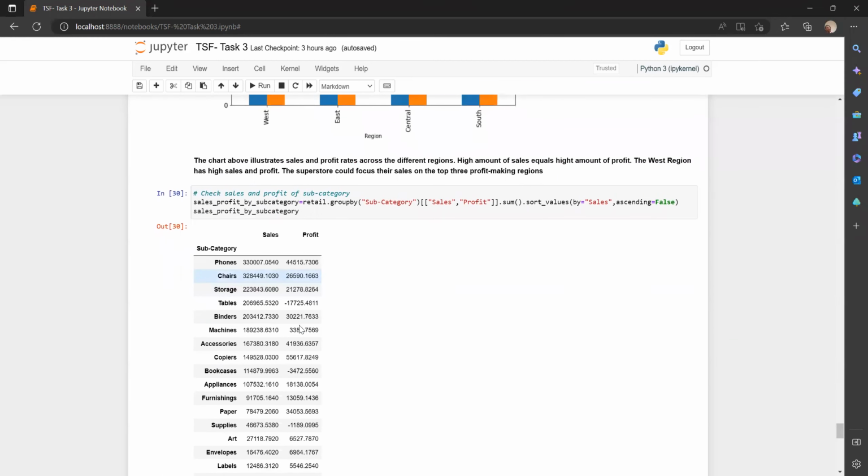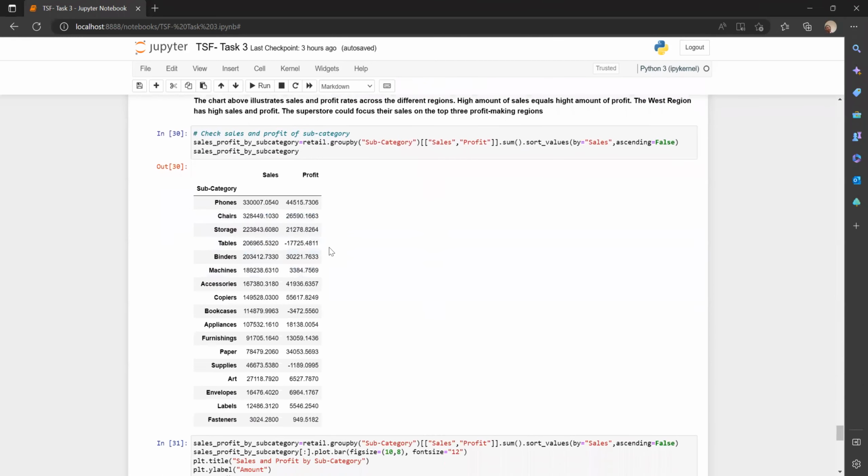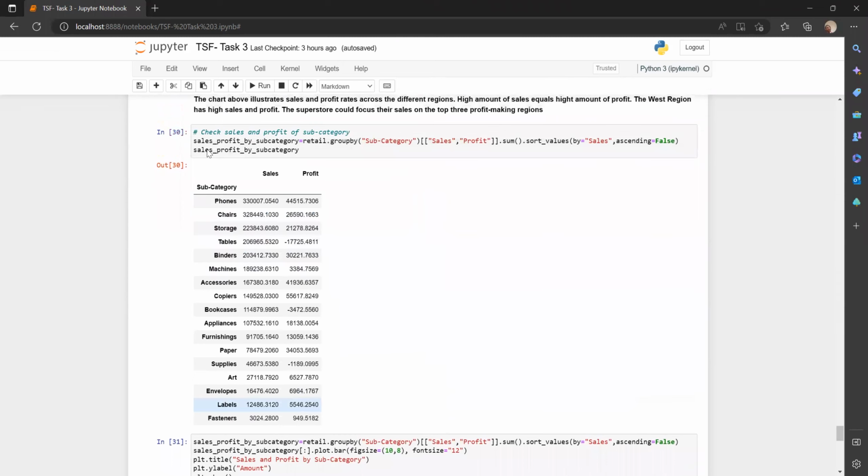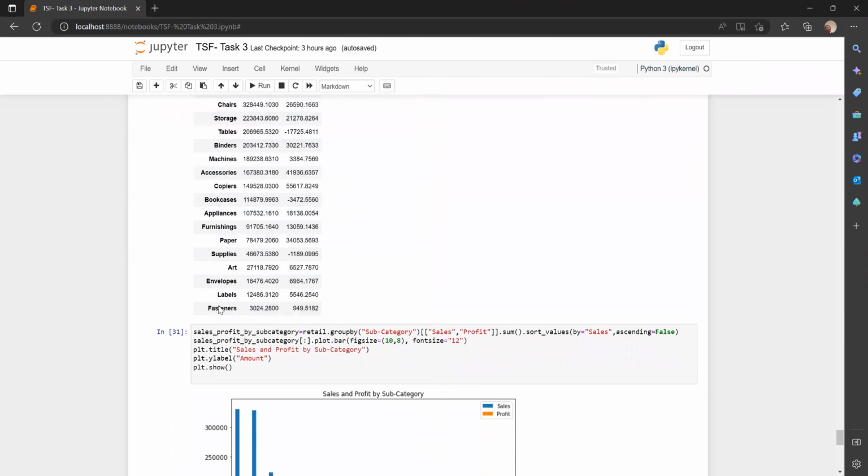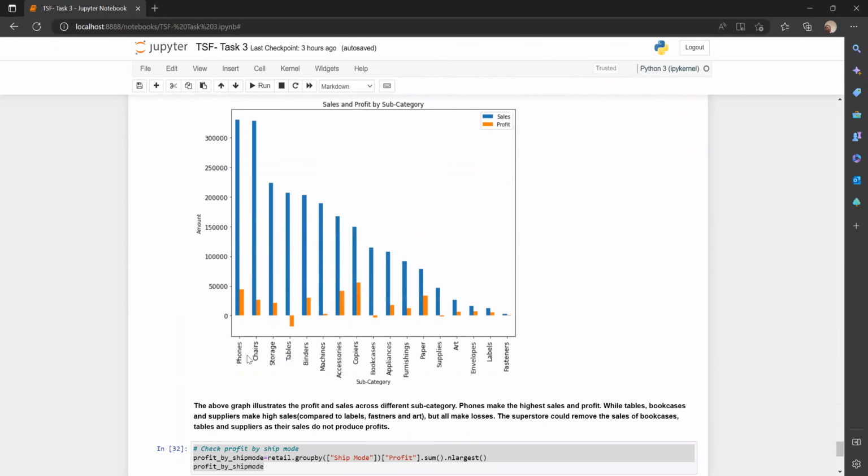The next thing I did was to check for sales and profit of subcategory. So these are all the subcategories listed here. And from this, we can see that the profit and sales across different subcategories differ.